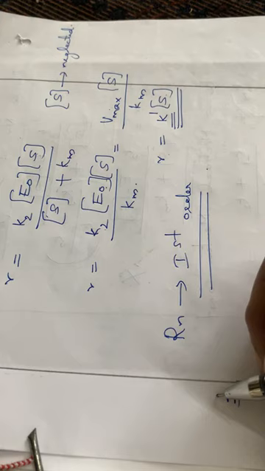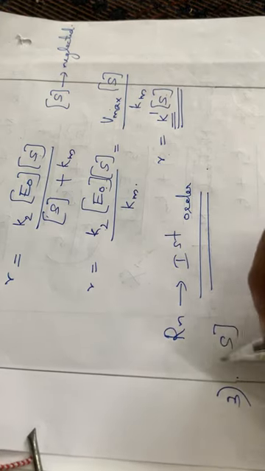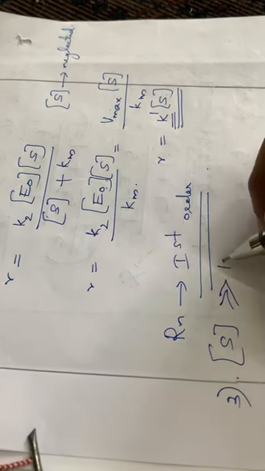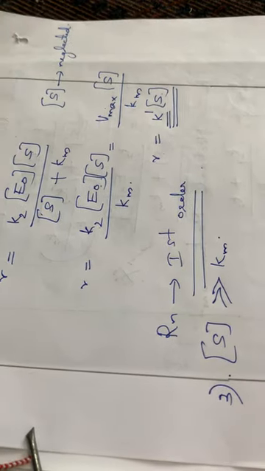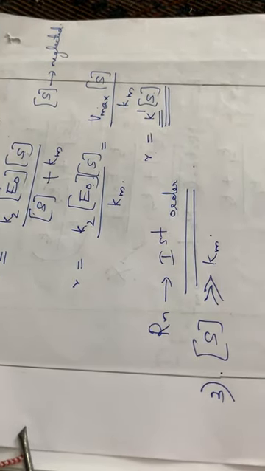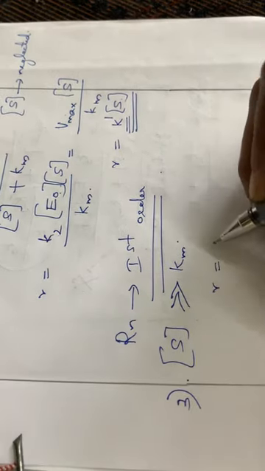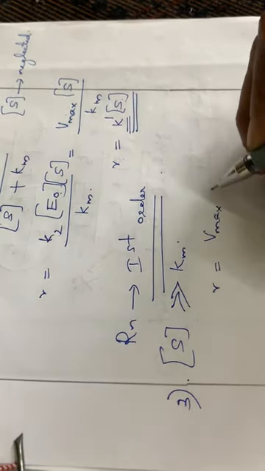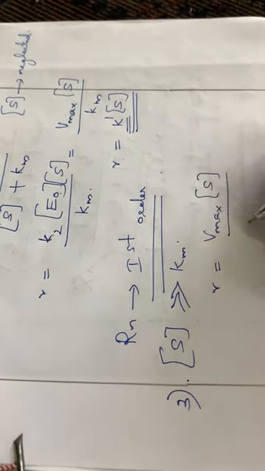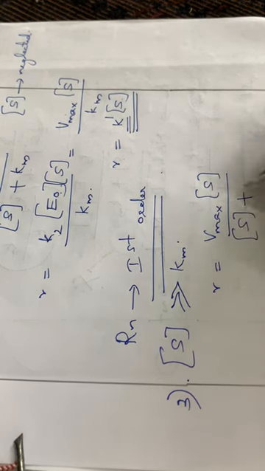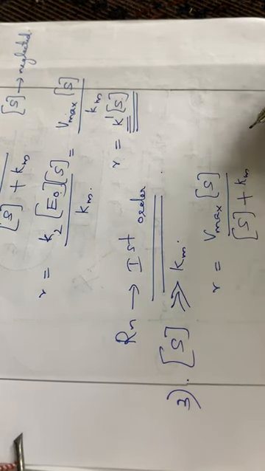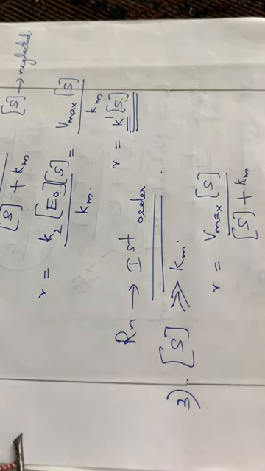Then the third condition is when the substrate concentration is very much greater than Km. So the equation is R is equal to Vmax into concentration of S divided by concentration of S plus Km. That is the Michaelis-Menten equation by substituting with Vmax.